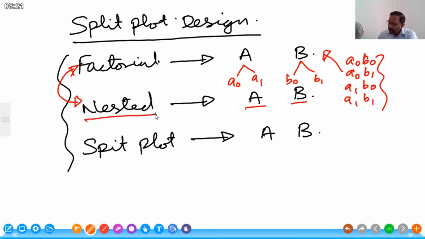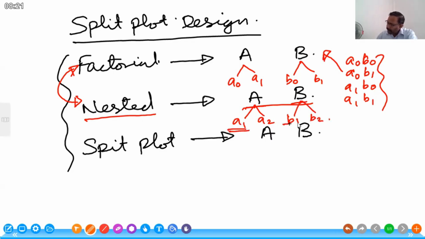In the nested design, yesterday we have seen all the combinations are not possible. Because here we have A0, A1, or whatever it is, or I will give it as different terms: A1, A2, B1, B2.